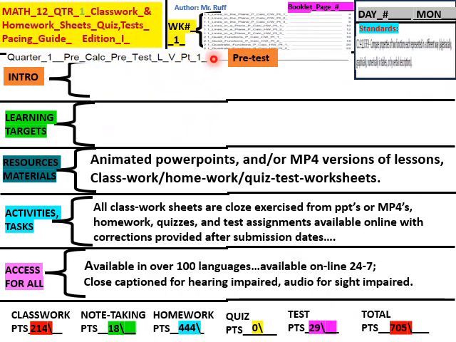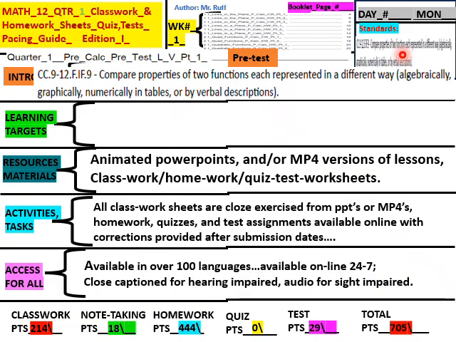And then the standards that we have here is here. I think I should have a blow up on that. I think it's Common Core F-IF.9: compare properties of two functions, each represented in a different way, that is algebraically, graphically, numerically, in tables or by verbal descriptions.